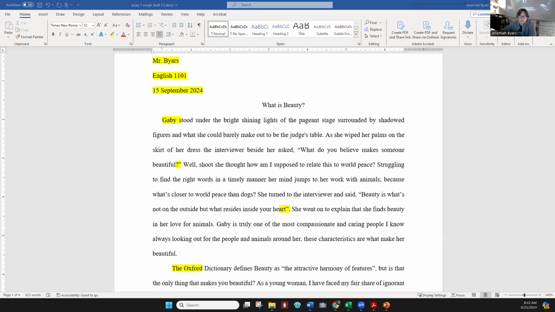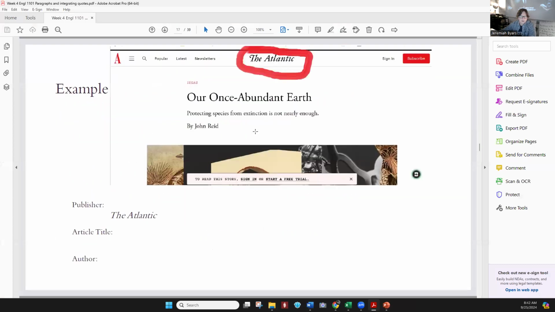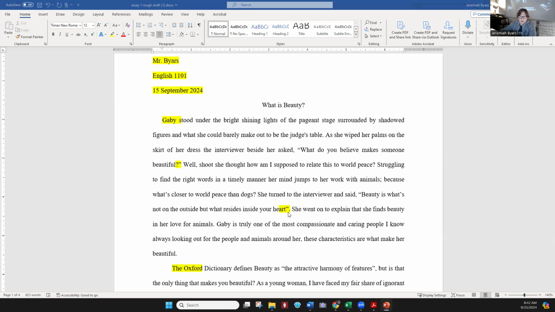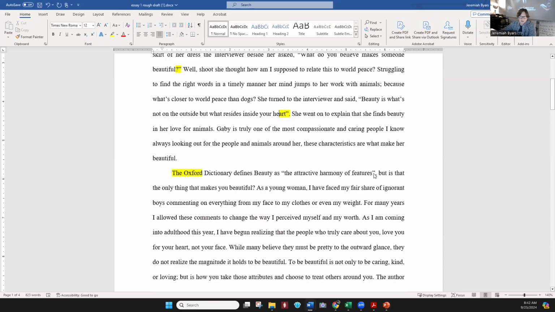Week 4. Quotation marks. Okay. Commas go inside of quotation marks. So like this is incorrect. This, comma, quotation mark, that's incorrect. Or if it's a period, that's an error. I discussed that in my lecture. This right here, comma outside of the quotation marks, that's an error.